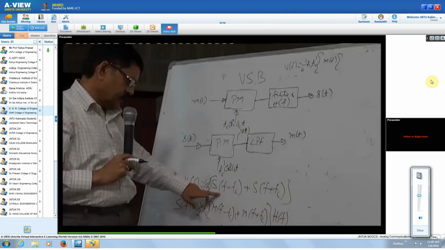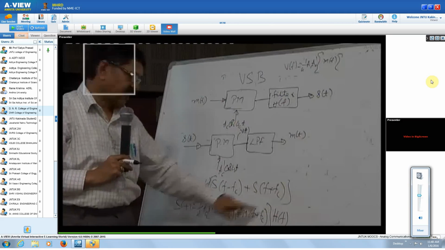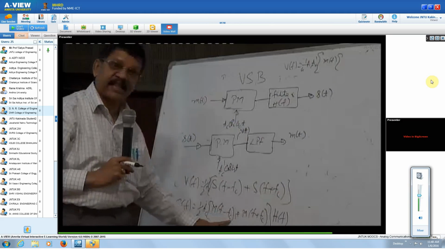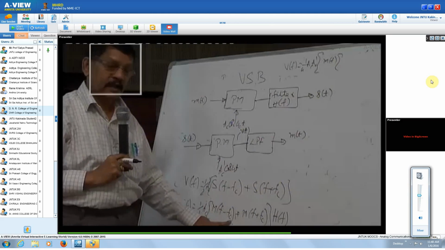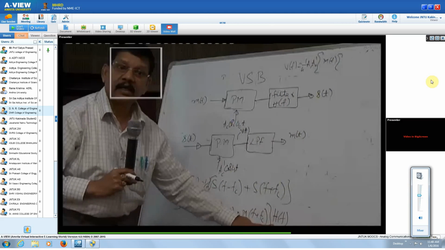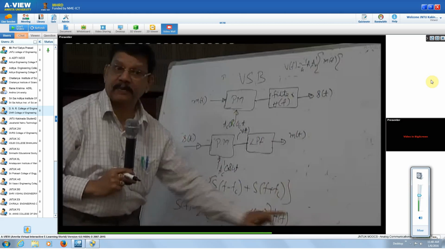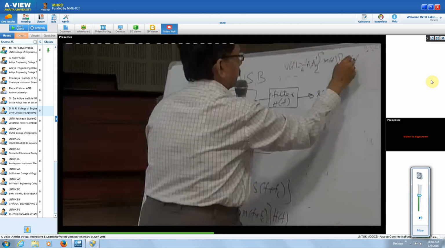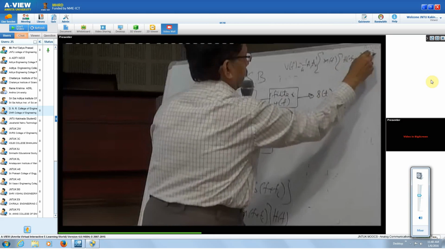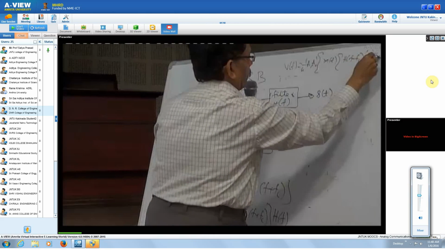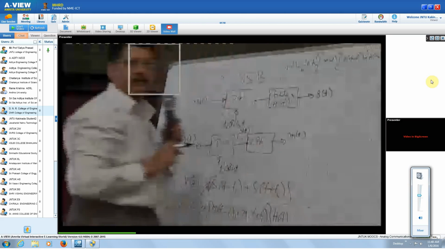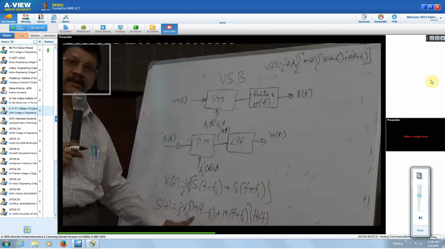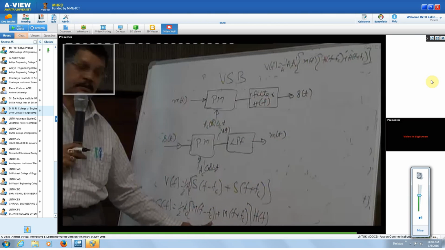So for this one, this gives you M of f, and for this one, when f is equal to f plus fc minus fc, this gives you M of f. And what is this? H of f minus fc and h of f plus fc. Therefore, this is M of f into h of f plus fc, taking f equal to f plus fc.